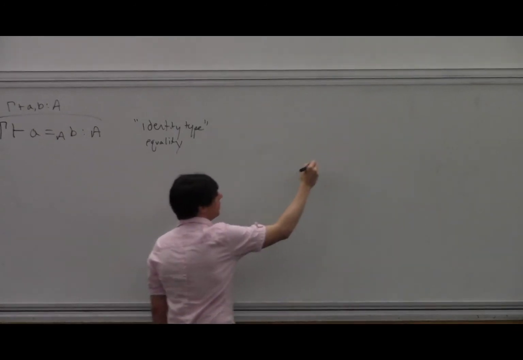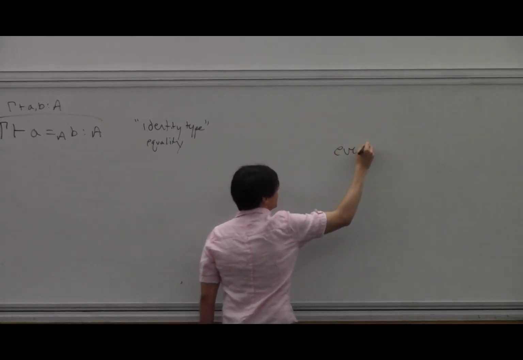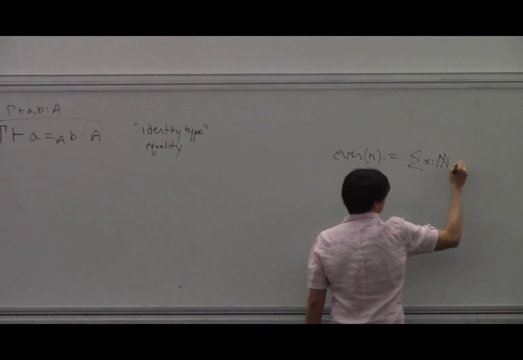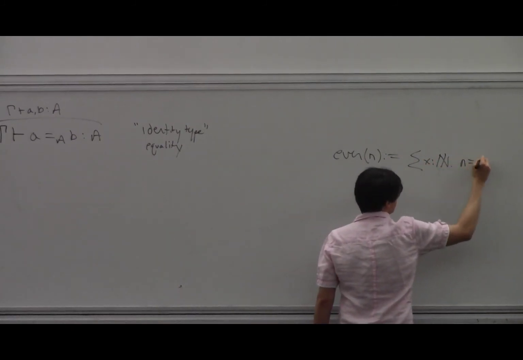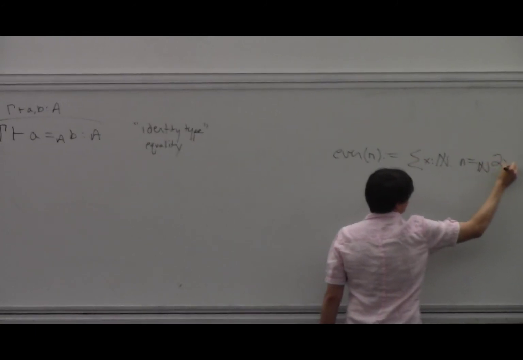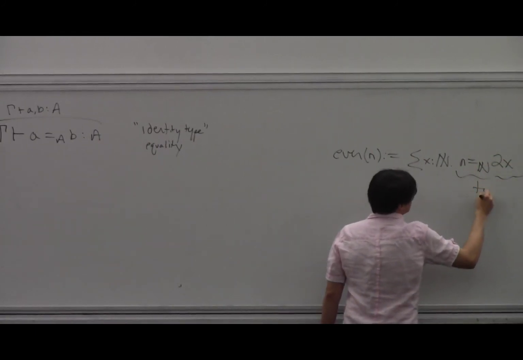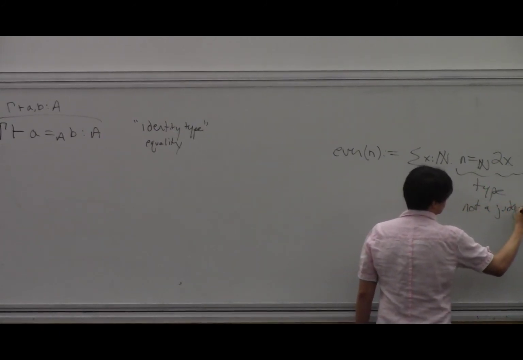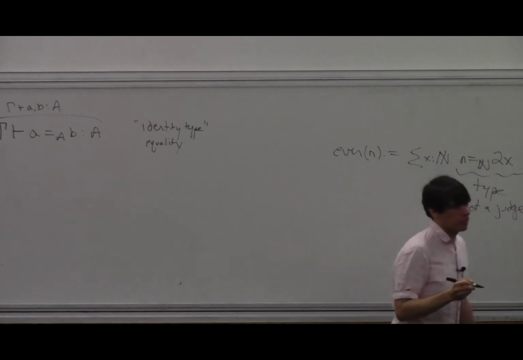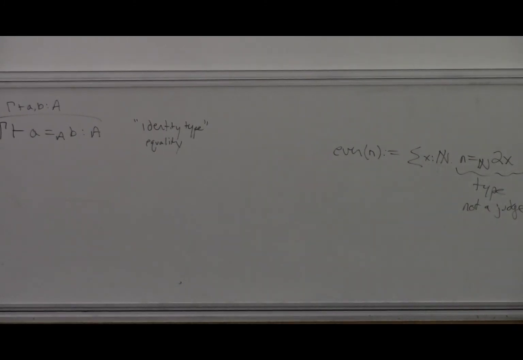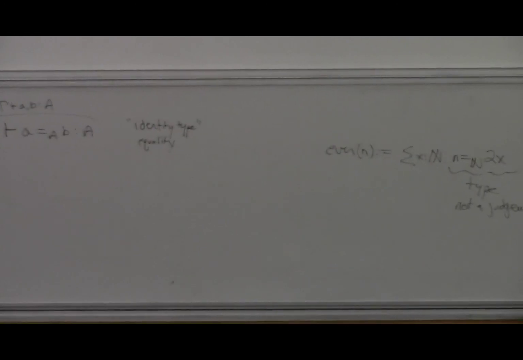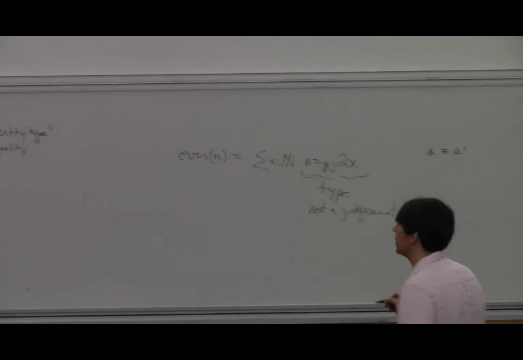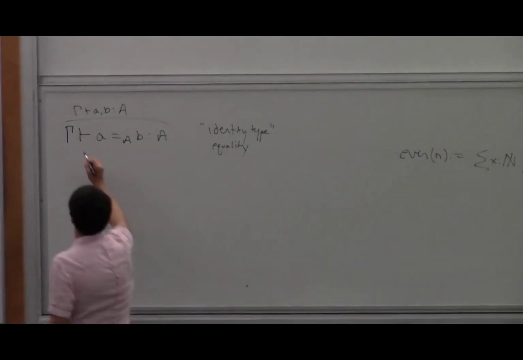And notice that when we defined even of n to be there's an x such that n is equal to 2x, this thing has to be a type, not a judgment, in order for that to make sense. You can't take the sigma of a type and a judgment and get a type. You can take the sigma of a type and a type and get a type. So we somehow need a type of equalities in A.